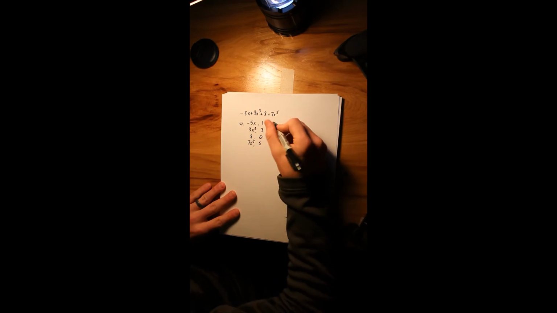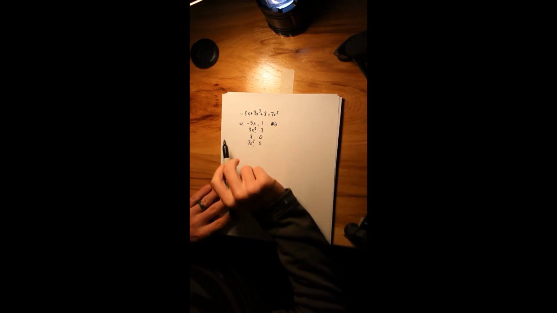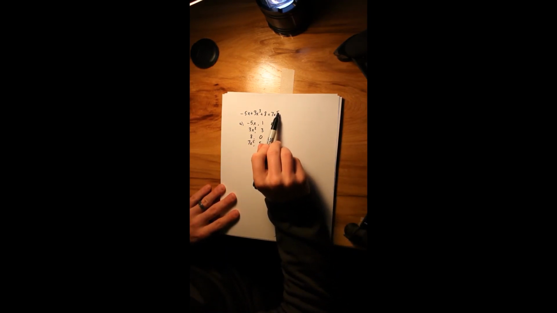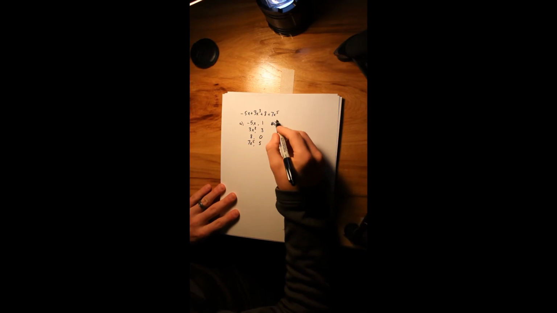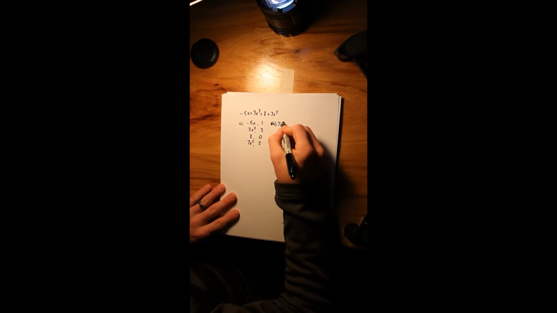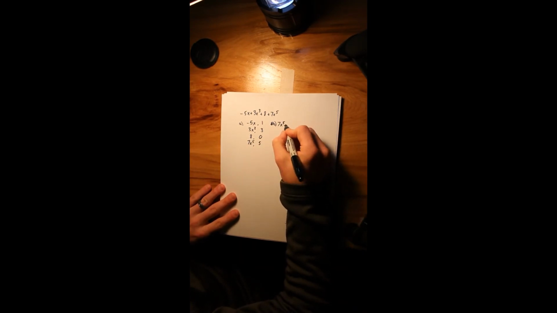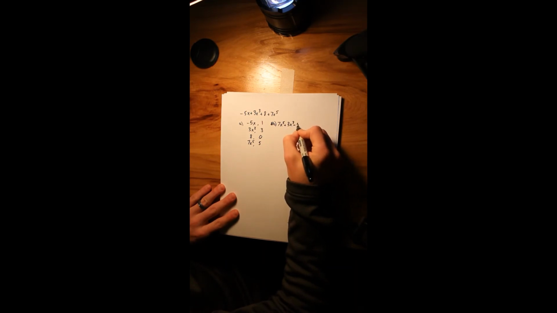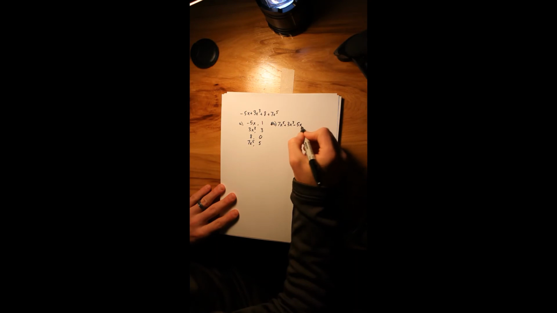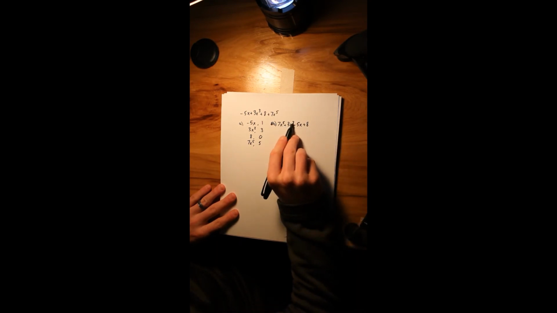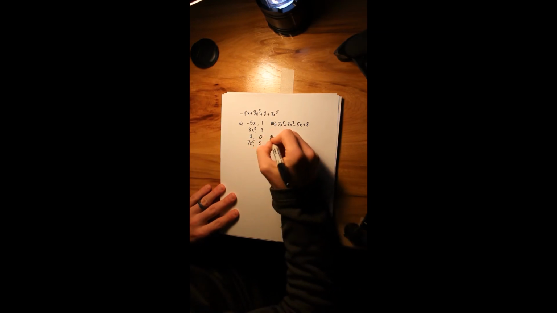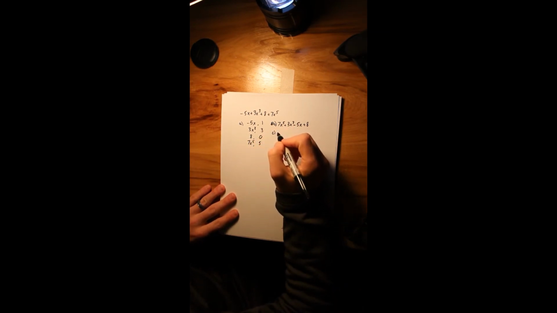Now, B says to write this in decreasing order. Remember, decreasing order means start with the highest power and go to the lowest power. That's 7x to the 5th plus 3x cubed minus 5x, remember to bring the signs with each piece, plus 8. So you notice power is decreasing. And C asks 3 things.